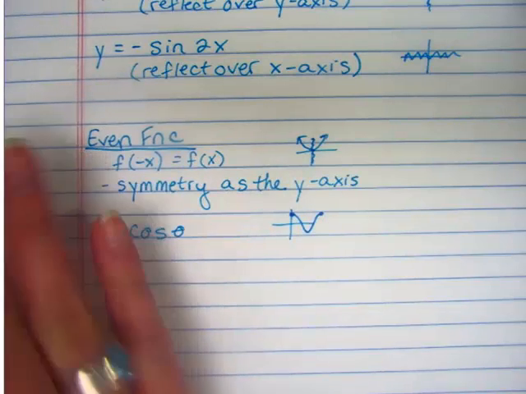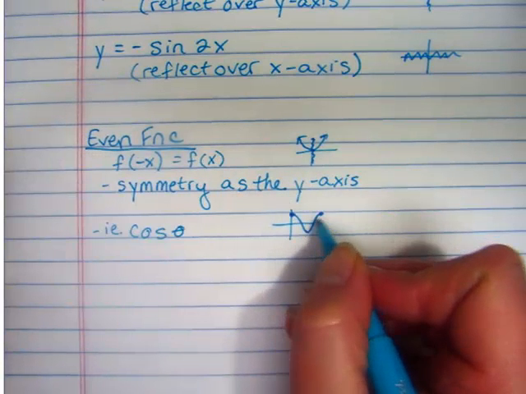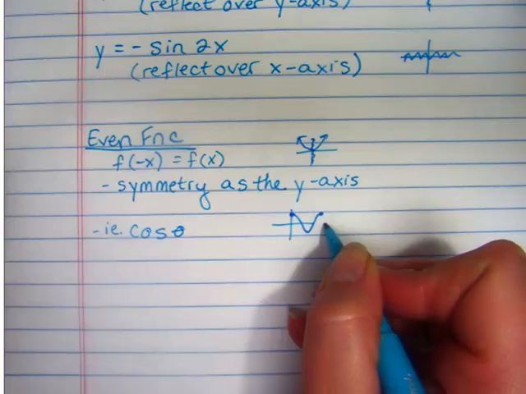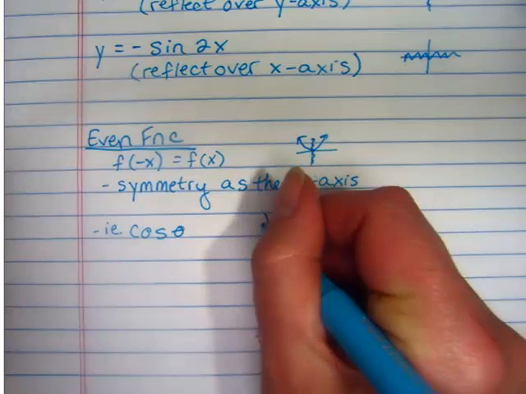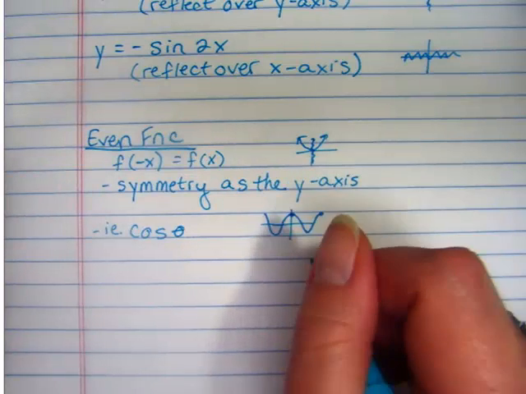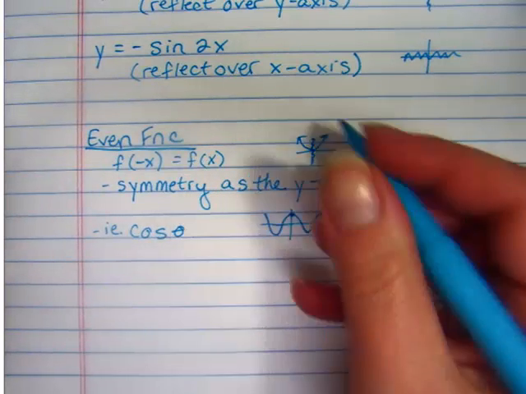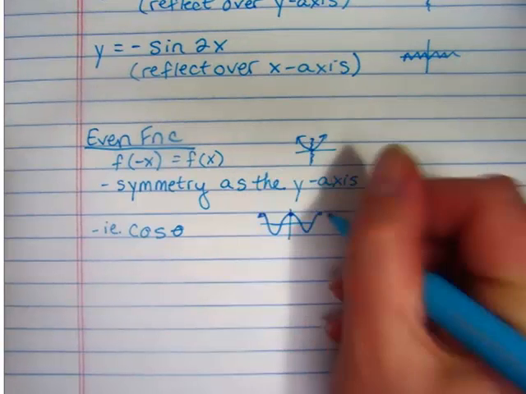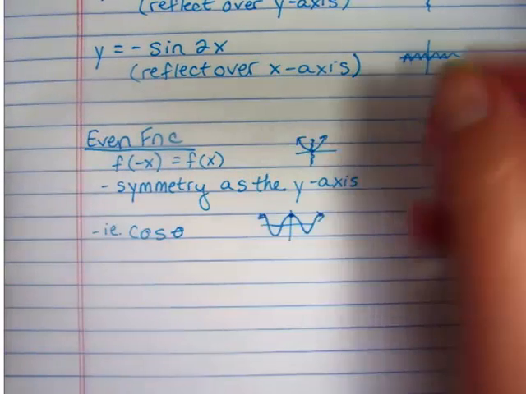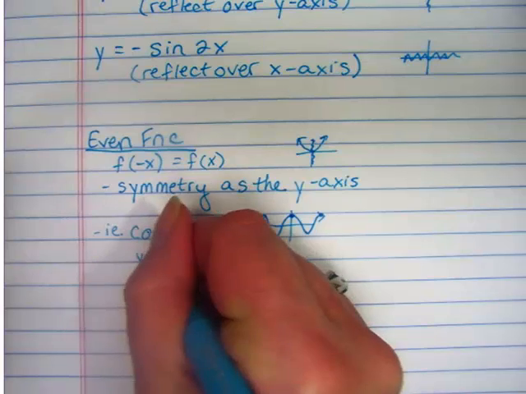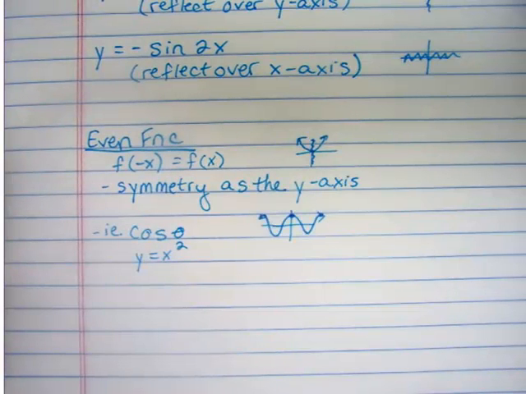If I were to reflect this over, whether I go positive 2 pi or negative 2 pi, positive pi over 4 or negative pi over 4, my y values are exactly the same. So cosine is another example of an even function. Even functions occur when I only have an even exponent.